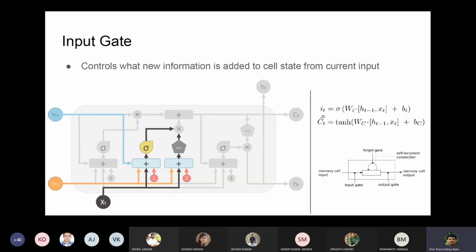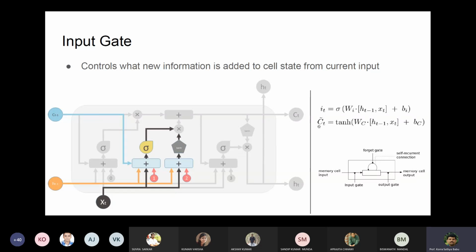For it, you take the value of ht minus 1, the output of the previous state, and xt, the current input, and multiply with the input weight wi, plus you add the input bias bi, and pass it through the sigmoid function, and you get it, the input at time t.